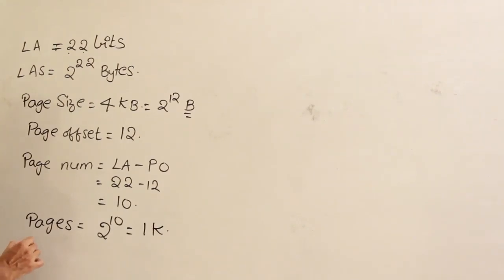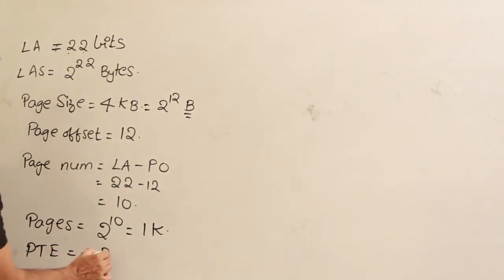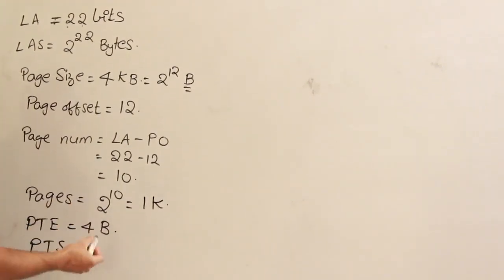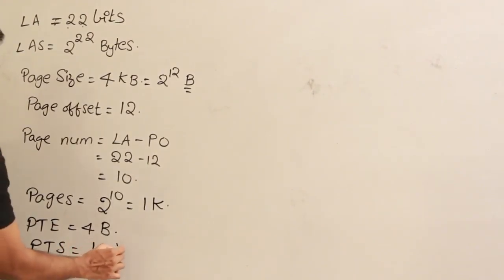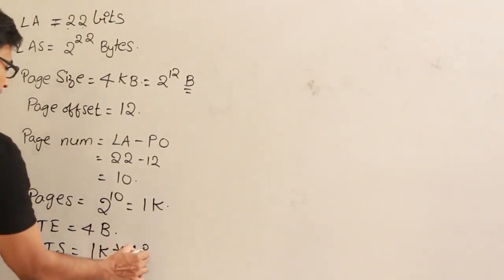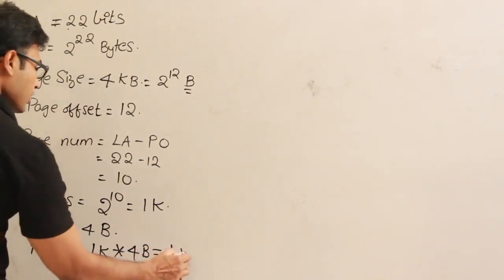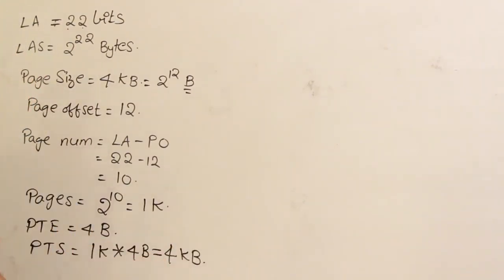If you assume that page table entry size is 4 bytes, then what is the page table size? Page table size is number of pages times size of each page table entry, which is 1k pages times 4 bytes, which is nothing but 4k bytes. This is its page table size. Now, what is the meaning of this entire question?